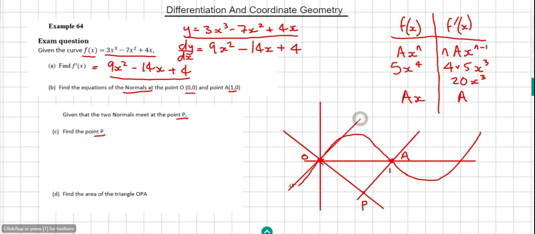If we find the gradient of the tangent at that point, then we can use the fact that the tangent and the normal are at 90 degrees, and that would allow us to find the equation of the normal. Similarly, at point A, we can find the gradient of the tangent, and the normal and tangent will be at 90 degrees to each other. So having the gradient of the tangent will allow us to work out the gradient of the normal.